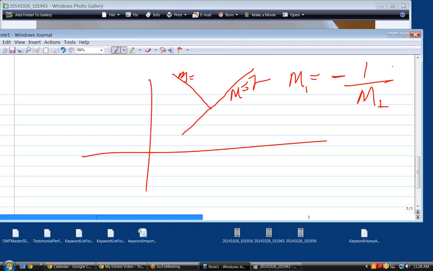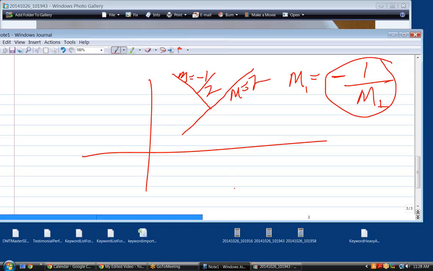Negative 2? Negative reciprocal. Negative 1 half. You have to do 2 things to convert. You have to flip it, and you have to change its sign. So negative 1 over 2.